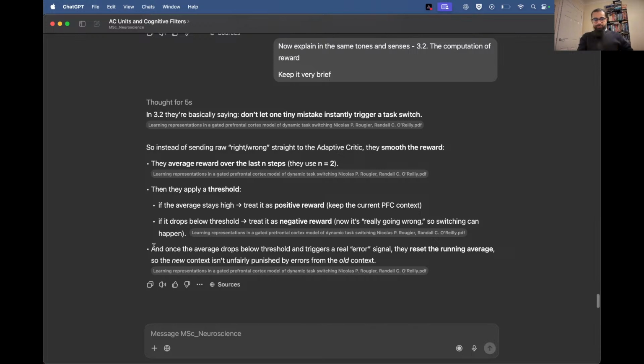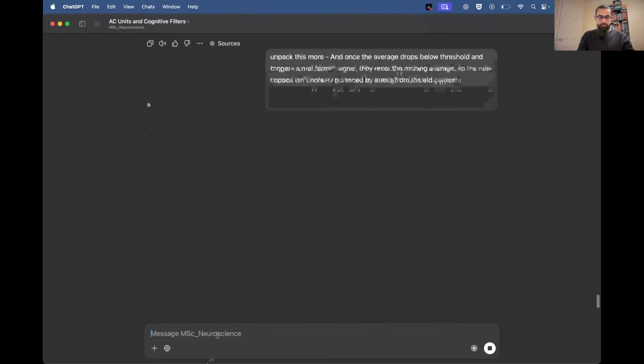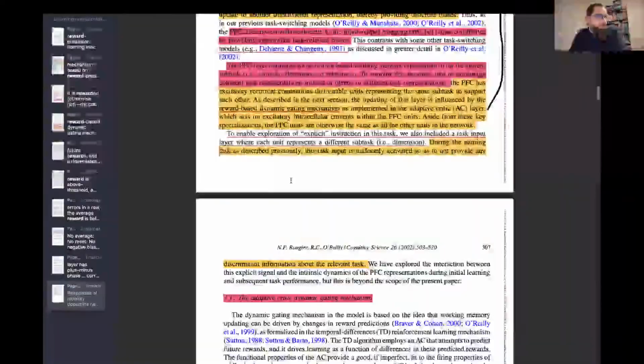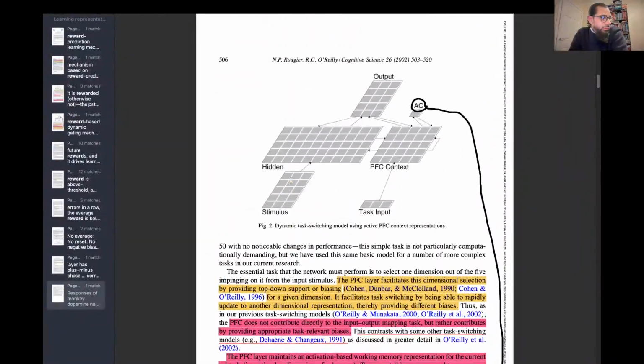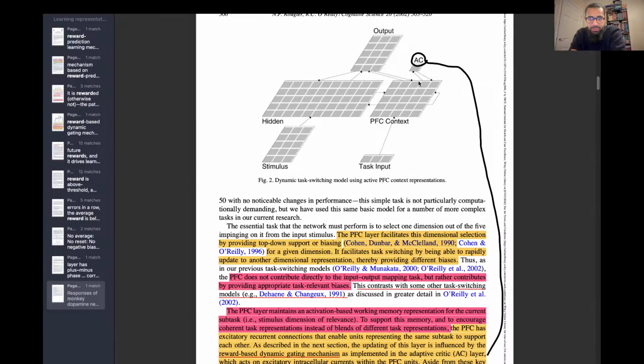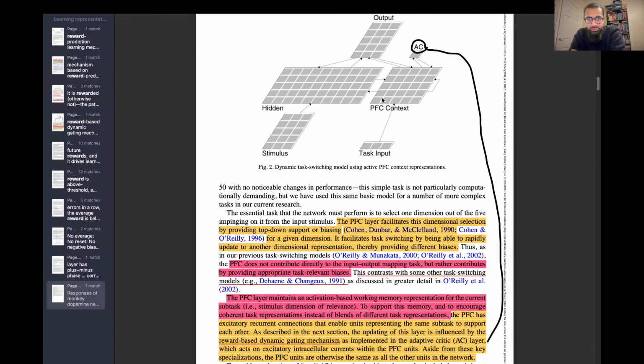Right, so I want to unpack this more. So I really want to know this bit because we looked at the AC reward here, and the PFC, that's being the reward signals towards the context.